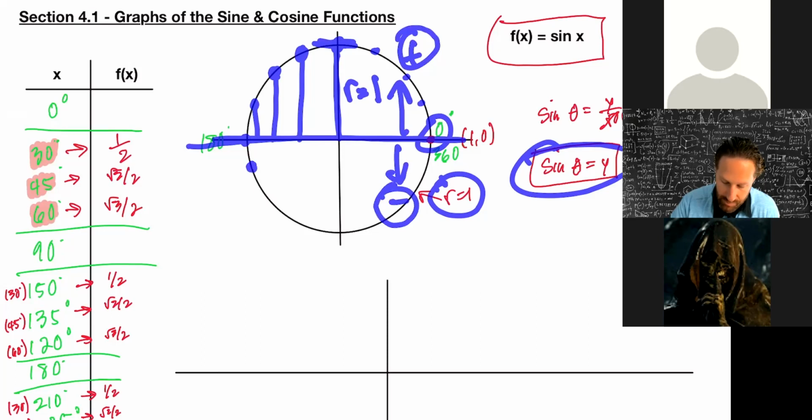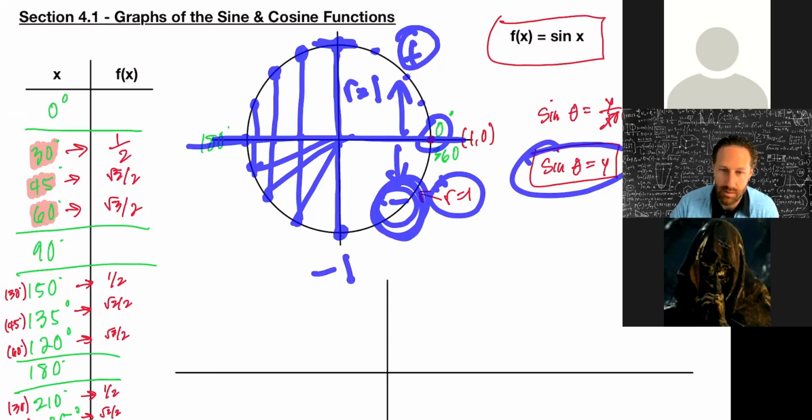Well, now what happens as we keep rotating around to that 30, that 45, and that 60? What do my y values become now? Oh, they become longer. And in what direction? Oh, negative. Until it gets to the lowest or longest side, which would be a -1, right, because isn't that the point 0, -1?